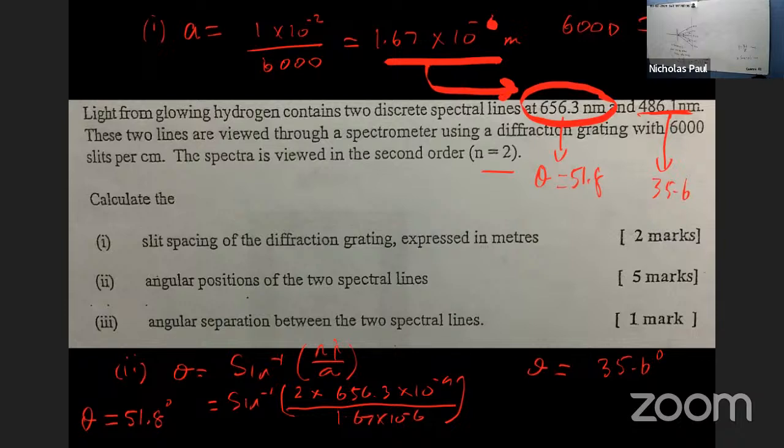If you remember the simulation we did, the smaller I made the opening, the more the patterns spread because the angles are larger. So you can play on with the simulation and you'll see the same thing. But for now, smaller the wavelength, the smaller the angle. Bigger the wavelength, bigger the angle.